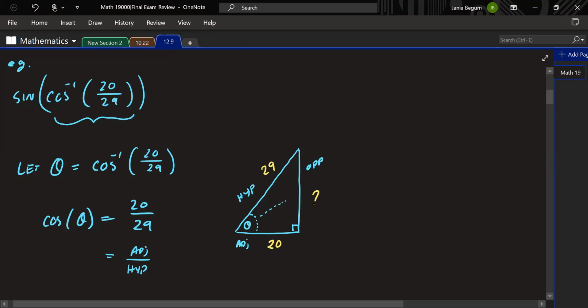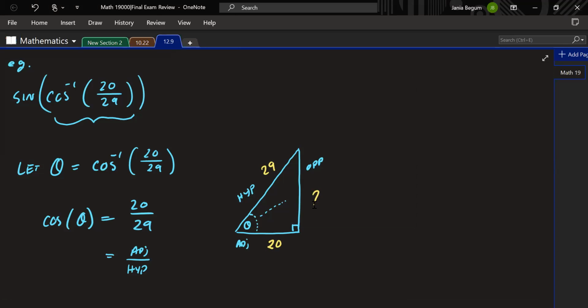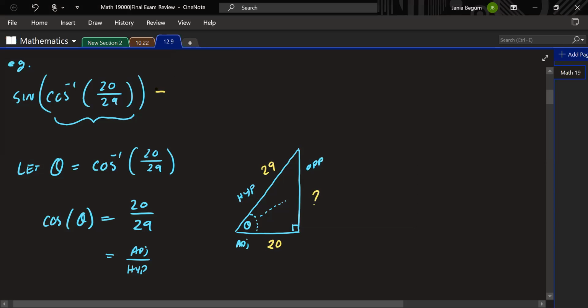So how do you find the missing length of this triangle? You can use sine: sine theta equals x over 29. Well, that's the thing. You don't want to put x in the answer. We know the final answer is sine of theta because cosine inverse of 20 over 29 is theta.